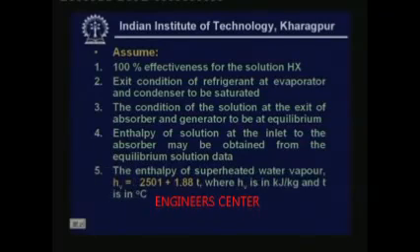And the enthalpy of superheated water vapor can be obtained from this equation: HV is equal to 2501 plus 1.88 T, where HV is in kilojoule per kg and T is in degree centigrade.